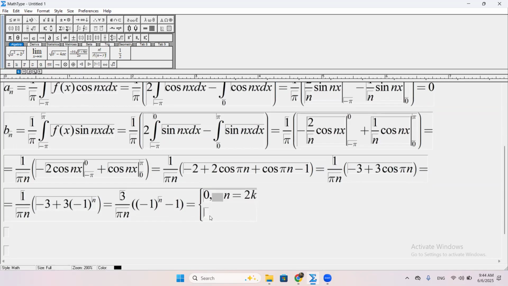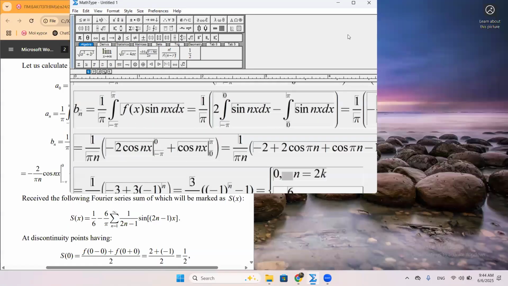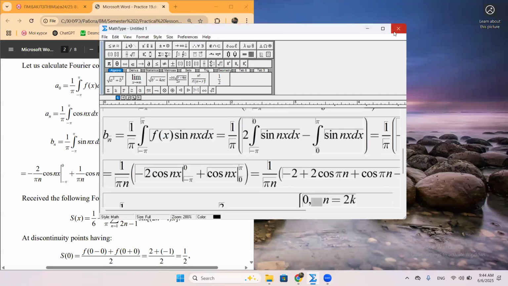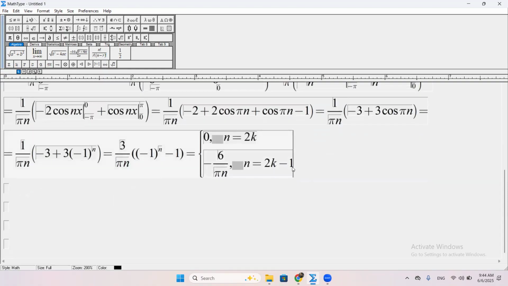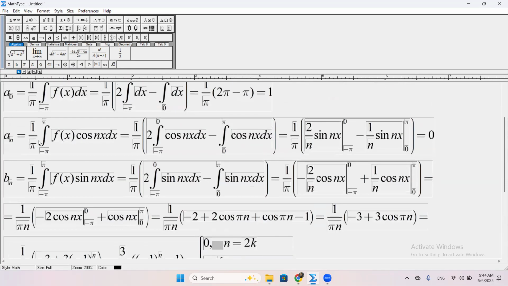And if it's odd, we will have minus 6 over Pn, so if n equals 2k minus 1. So let me check. Yeah, signs are correct. So that's how we received the value of coefficients of Bn.